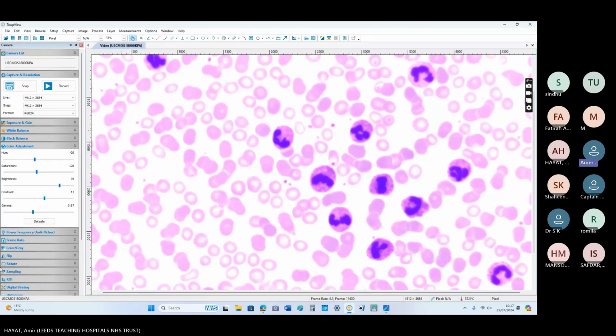Okay. And why is it not a chronic neutrophilic leukemia?